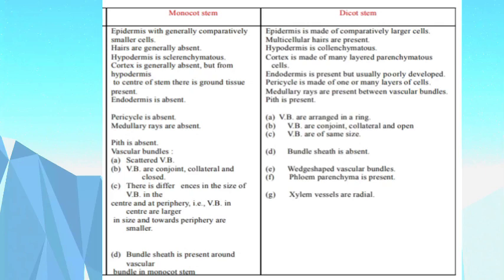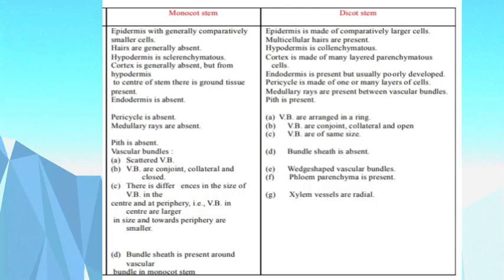In monocot stem, hairs or trichomes are generally absent, but in case of dicot stem, multicellular hairs or trichomes are present. In monocot stem, hypodermis is sclerenchymatous, but in case of dicot stem, hypodermis is collenchymatous. In monocot stem, cortex is absent, but they have hypodermis.